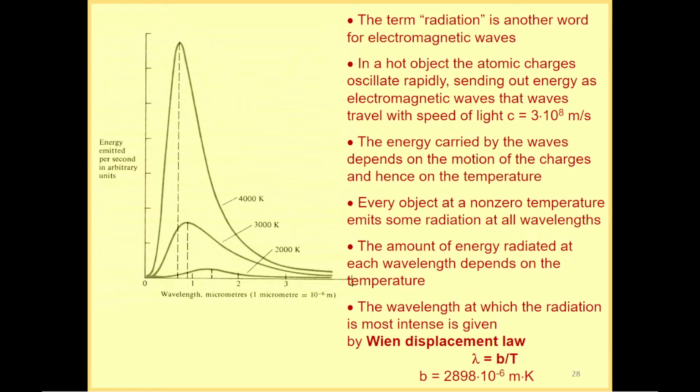Every object at a non-zero temperature emits some radiation at all wavelengths. The amount of energy radiated at each wavelength depends on the temperature. The wavelength at which the radiation is most intense is given by Wien's displacement law. This maximum energy radiated wavelength depends on temperature and is determined by Wien's displacement law.